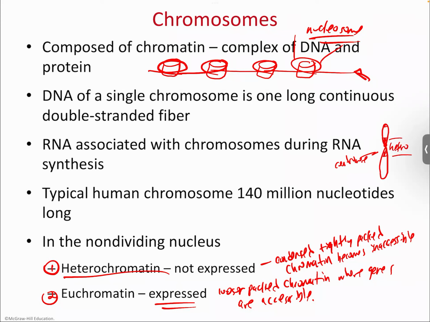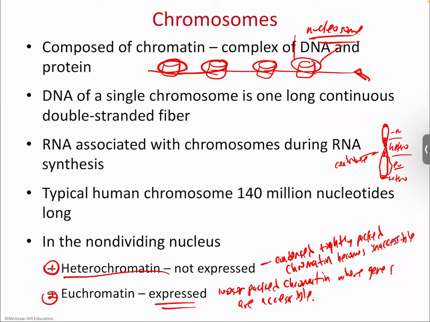Then also at the tip is also heterochromatin. In between is euchromatin, so most of your genes are in this in-between region. If you look at the topology of a chromosome, in and around that centromere is a heterochromatic area of varying degrees.